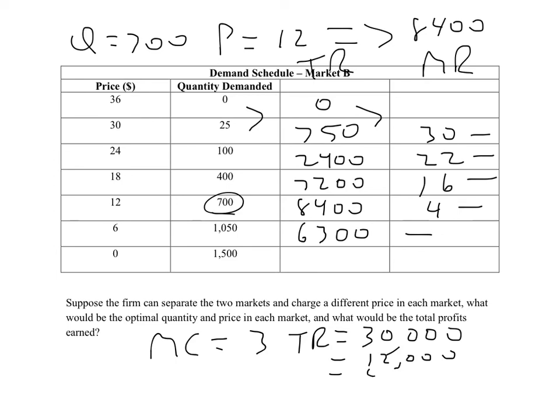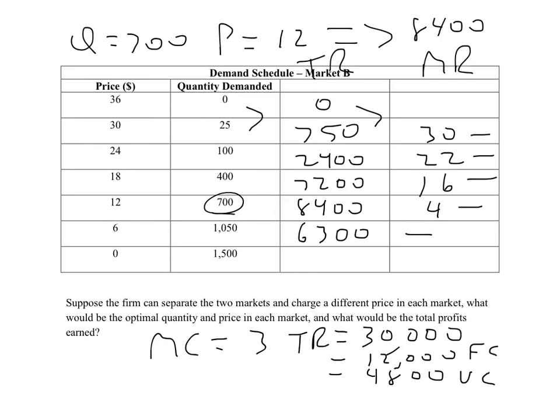Okay, and so that's $4,800 in variable costs. These are my fixed costs, and these are my variable costs. Again, I took the total number of units sold, 900 in Market A, 700 in Market B. That's a total of 1,600 at $3 per unit. Gives me $4,800 in variable costs.